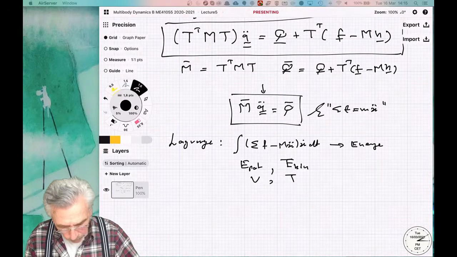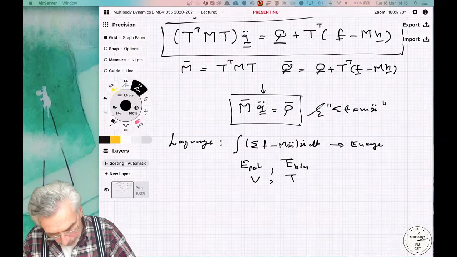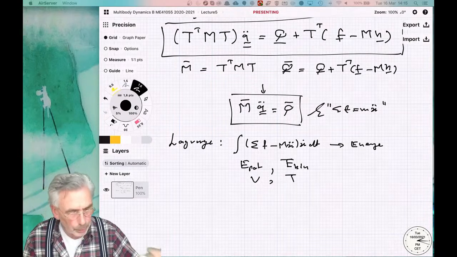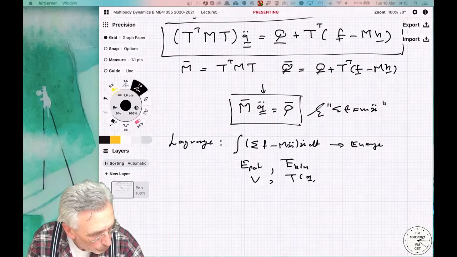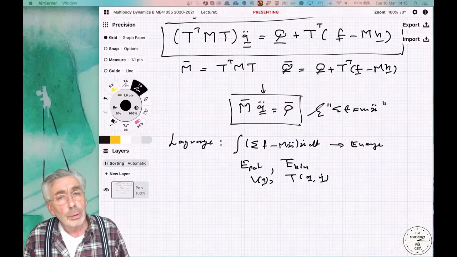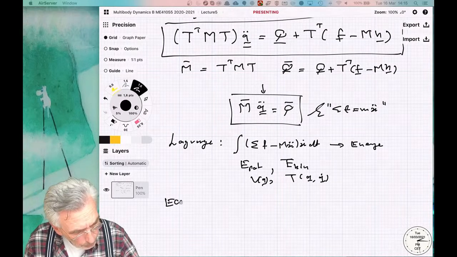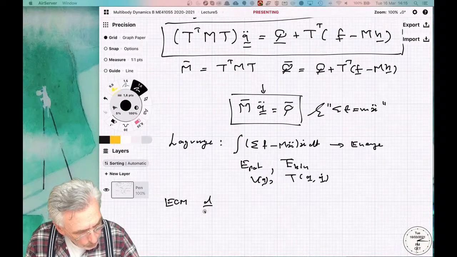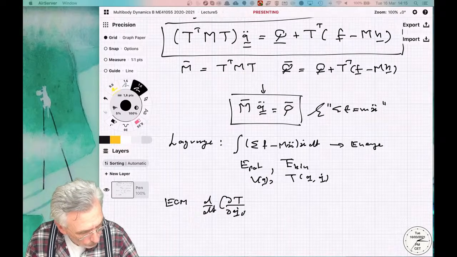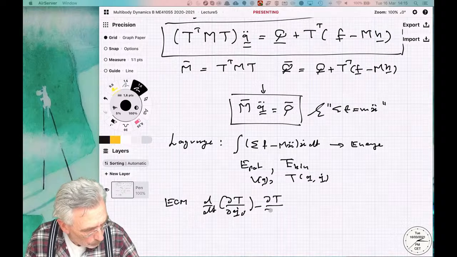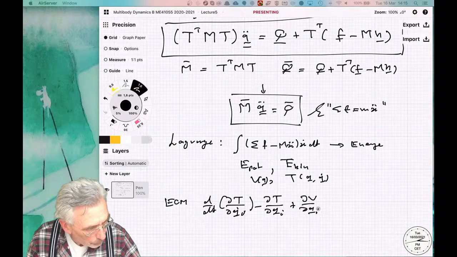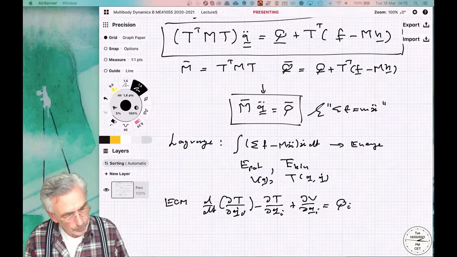So from Lagrange, we had these energy functions, T and V, which were themselves a function of q and q dot. Then how did we get our equations of motion? Well, we had to do the following: take the time derivative of the kinetic energy with respect to the velocity, minus the kinetic energy with respect to the coordinate, plus the potential energy with respect to the coordinate, equals this applied force.